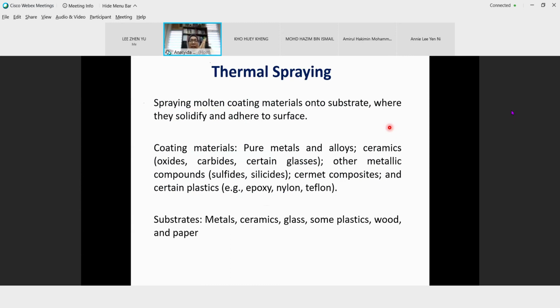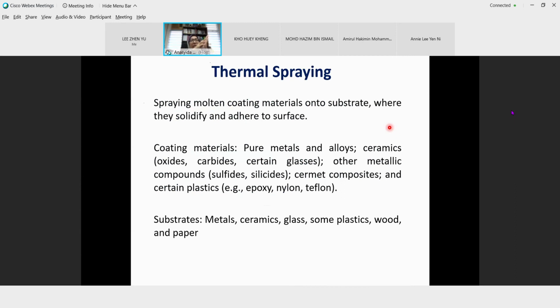In this case, they need a process to clean the surface and ensure activation of the surface, so that the molten metal accelerated by the gases will splat on the surface.